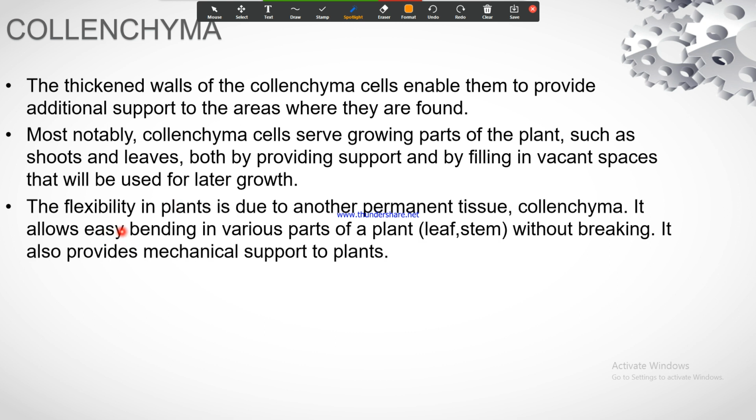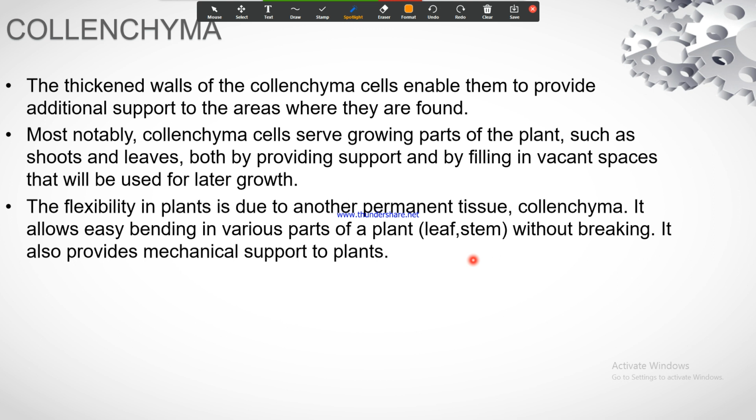Coming to the major function of collenchyma, flexibility in plants is due to this permanent tissue. It allows easy bending in various parts of the plant such as leaves and stem. Already I discussed, trees like coconut and palm, during heavy storms and heavy wind, just bend but don't break.